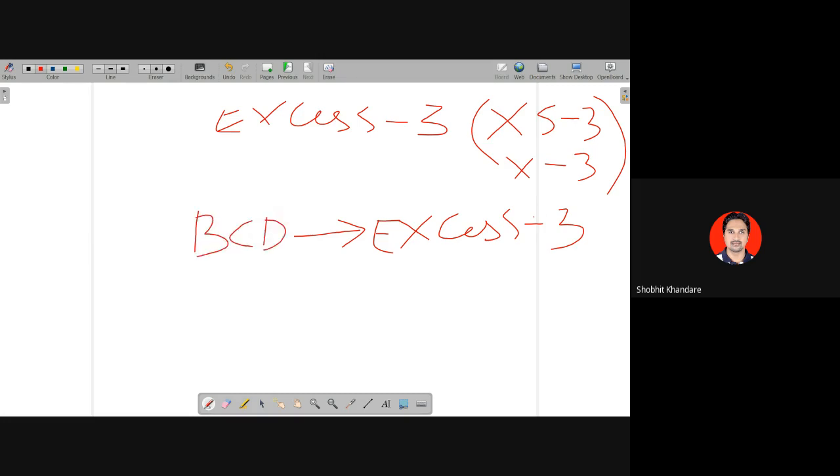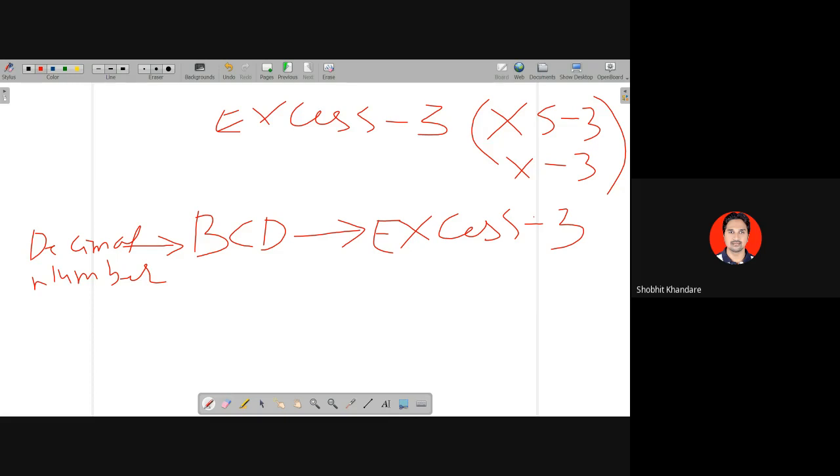But BCD of what? BCD of a decimal number. As I told you, XS3 is derived from the BCD, and to get the BCD you need the decimal number. So these are the steps to get my XS3, as shown on your screen with an arrow. The decimal number will be given, get its BCD, then convert that BCD into XS3.